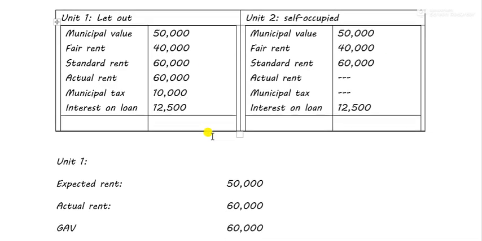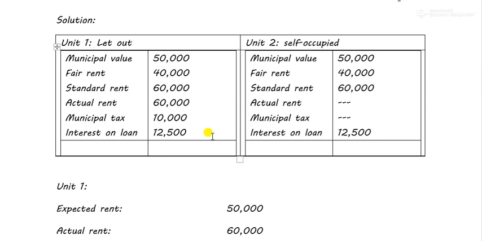Okay, so coming to the solution, it's better if you make a table like this, where unit 1 is let out and unit 2 is self-occupied. Municipal value was 1 lakh, it became 50,000, 50,000. Fair rent was 80,000, it became 40, 40. Standard rent was 1 lakh 20,000, it became 60,000, 60,000.